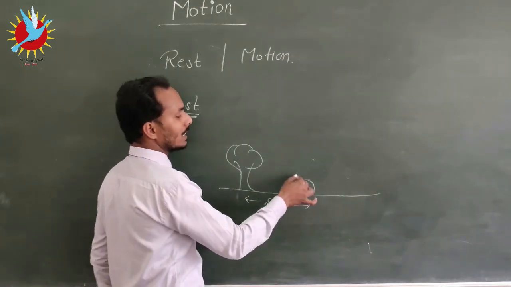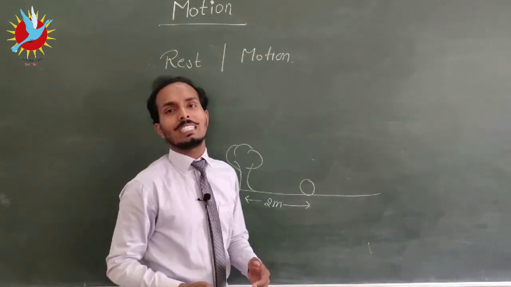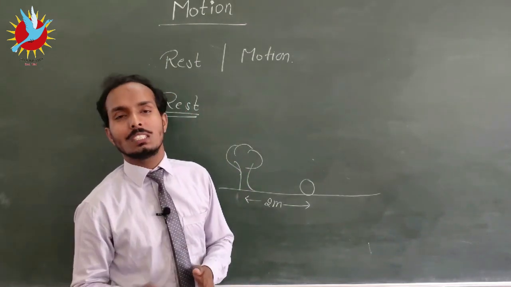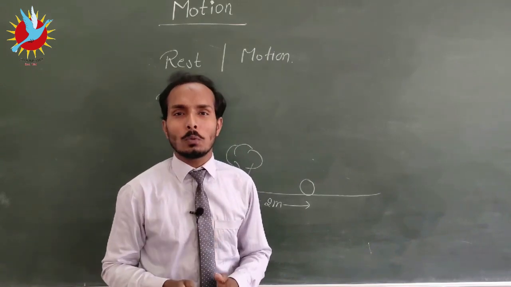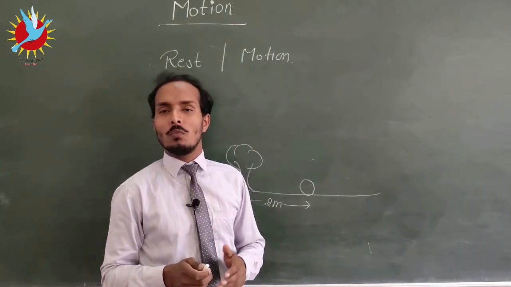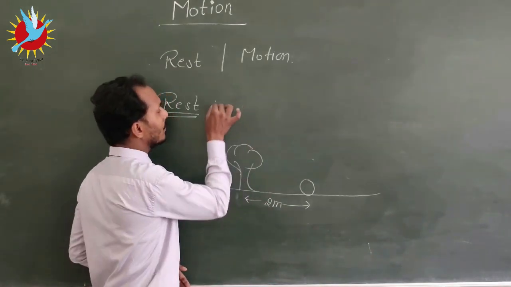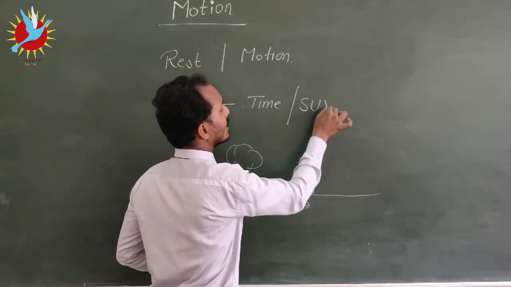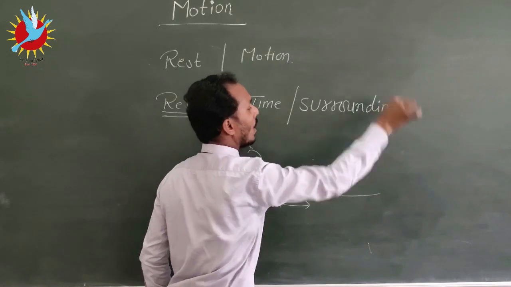It means the time changes but the position does not change, so it is said to be at rest. You can define rest as: an object is said to be at rest when it does not change its position with respect to time or surrounding.